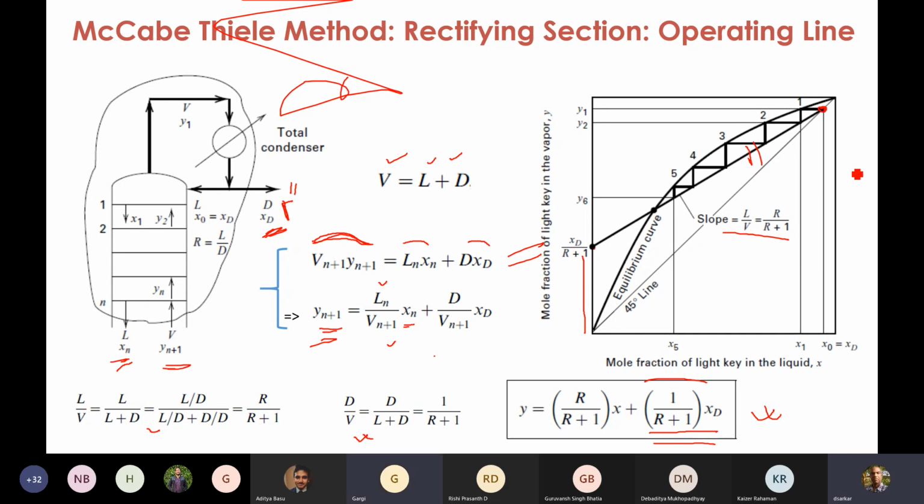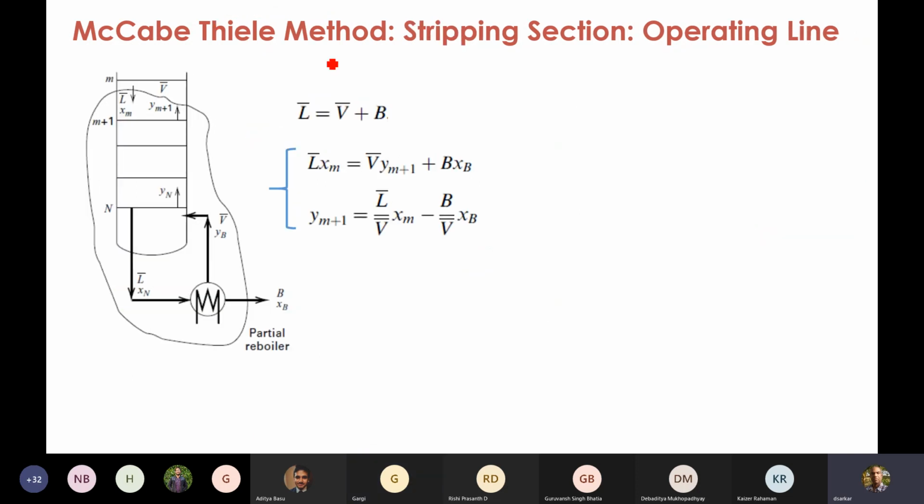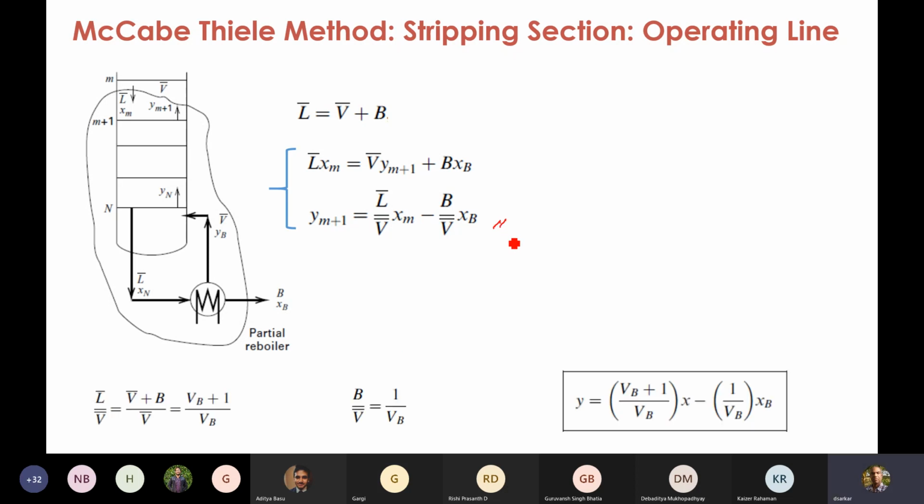Exactly the same thing you do for the stripping section: take a mass balance equation around the stripping section. Exactly the same, you get this as the operating line. Again, you can consider all the liquid flow rates in the stripping section to be the same, and all the vapor flow rates in the stripping section to be the same.